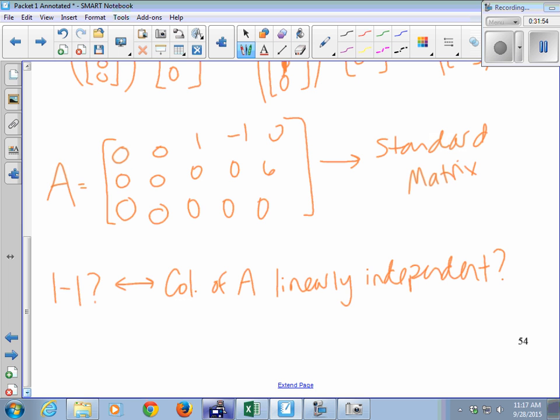If I take 1, 0, 0 and multiply by -1, I get -1, 0, 0. That's a linear dependence among columns 3 and 4. And because I have columns that are all zeros, I have a zero vector. Anytime a zero vector is in the set, that set is automatically not linearly independent. So this is a big ol' no.